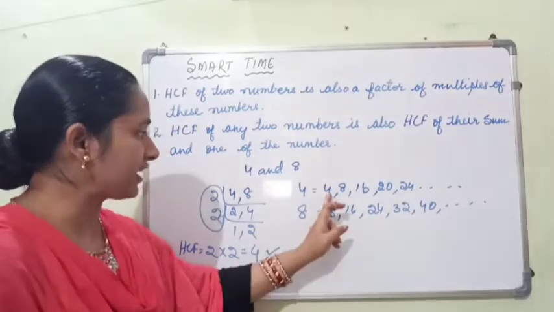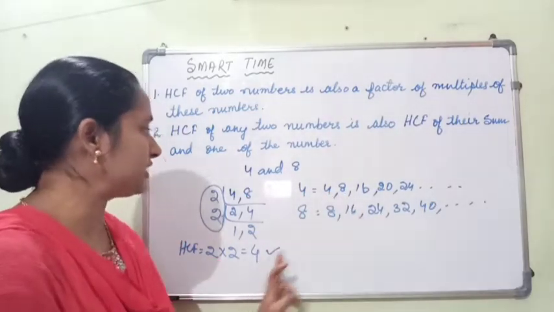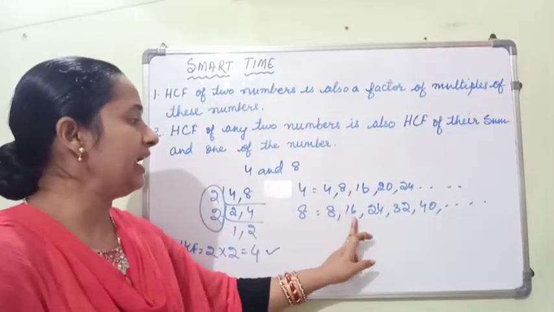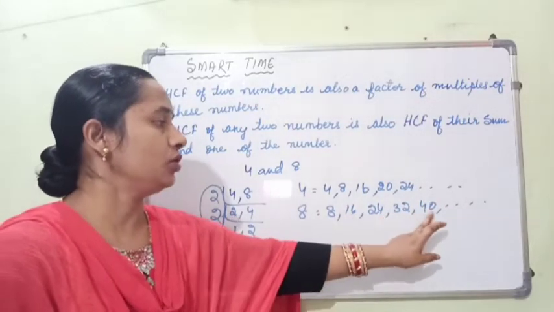So 4 is a factor of 4, 8, 16, 20, 24 and so on. Even 4 is a factor of 8, 16, 24, 32, 40.